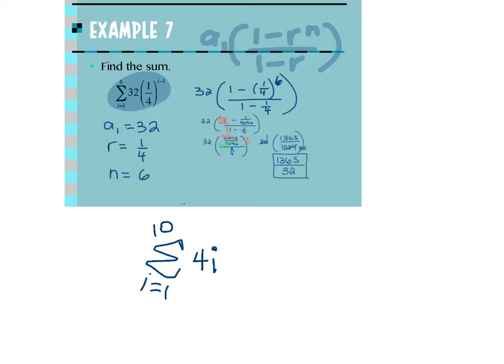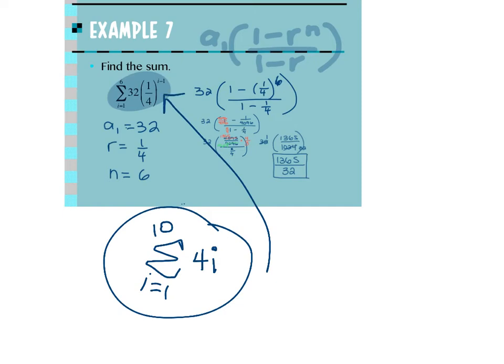Yes, it would be a geometric sequence, because you'd be multiplying it times 4 every time. But is this in the same format as that? No. So you'd either have to put it in that format, or you would plug in 1, plug in 2, plug in 3, plug in 4, plug in 5, plug in 6, all the way up to 10 and add them together. If it is like that, the number's not going to be 10. I won't do that to you. But just so that you realize that you can't use that formula if it's not in that format.